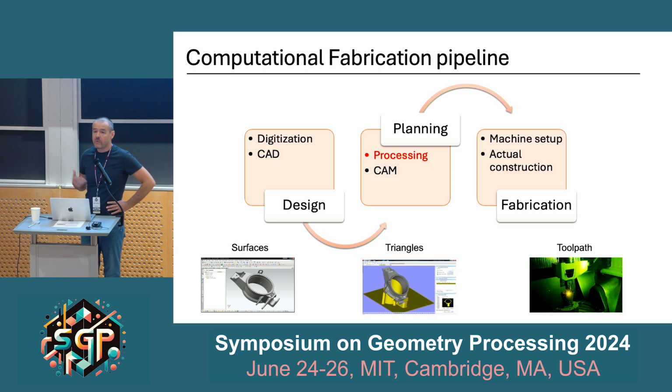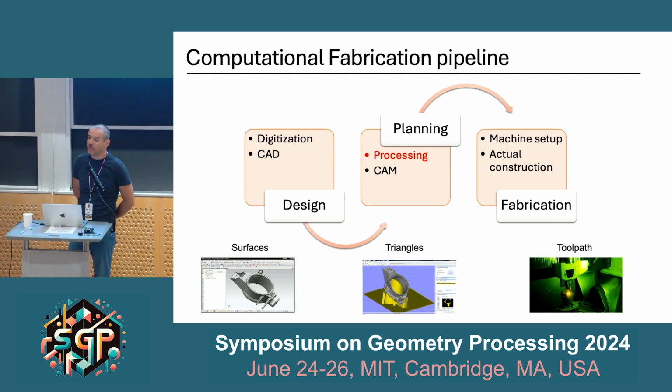You may start, for example, from computer-aided design modeling software to create your initial surfaces. Then the surfaces, which are typically NURBS, or in any case, some smooth representation, must be turned into triangles during the planning phase, which is known as computer-aided manufacturing here. Typically, a company needs another kind of expertise, which is different from the expertise brought by the designers.